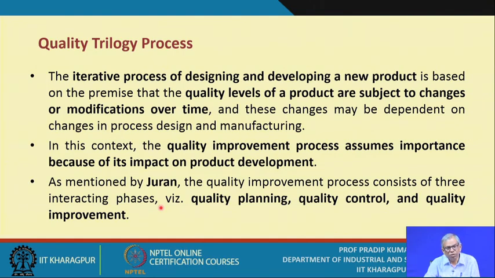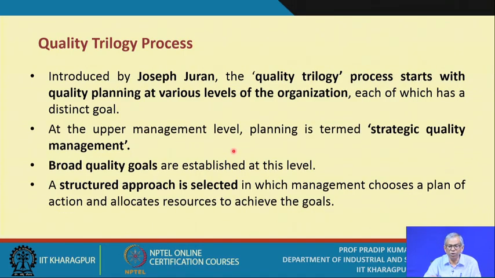And when you can achieve these standards, you think of improving the quality level further, so you enter the third phase, called the quality improvement phase. So you have three phases: quality planning, quality control and quality improvement. Now let us talk about the other aspects of this quality trilogy.